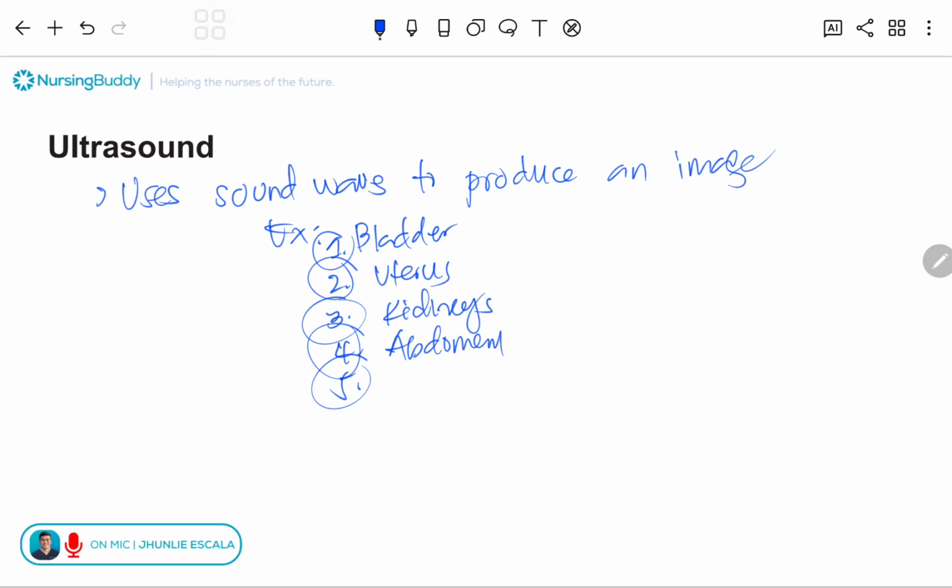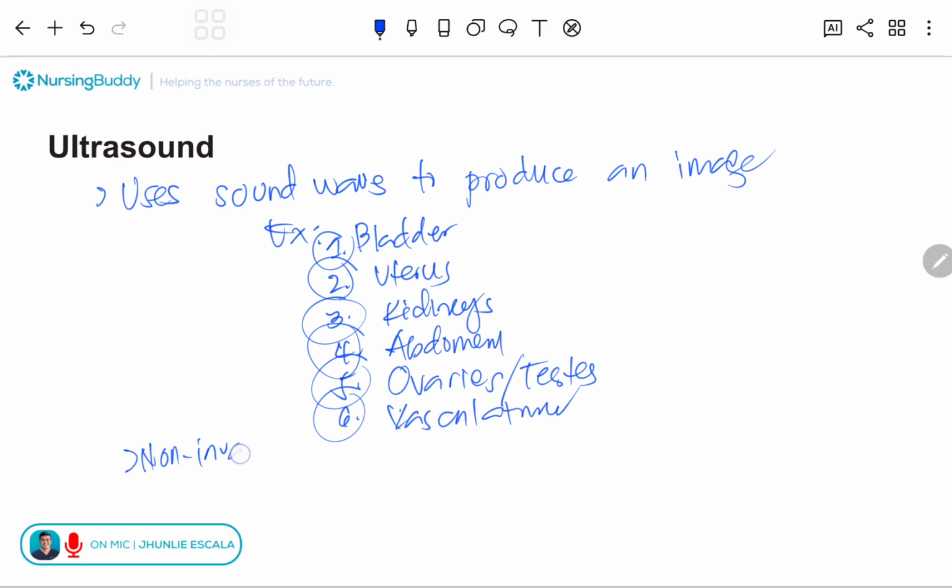Number 5, okay, we have your ovaries and, of course, your testes. Okay. Number 6, kapatid, we have your vasculature. So, these are the sites or the organs, kapatid, usually, that are under your ultrasound. Okay, so we need to take note that this is also a non-invasive procedure.